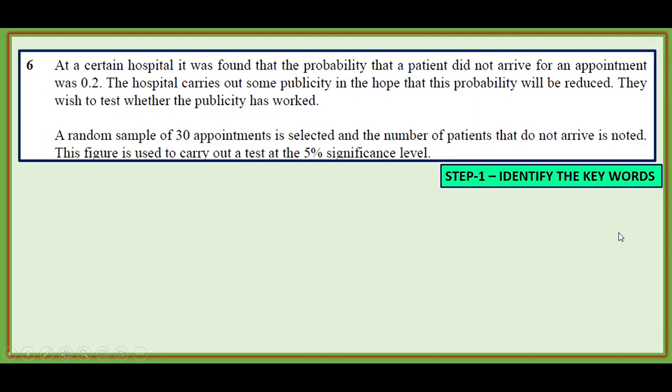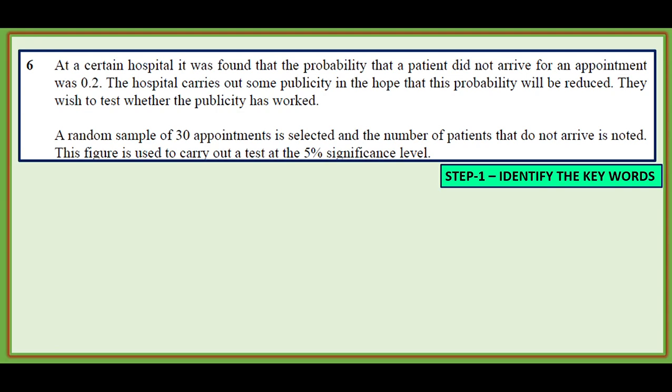This is the question. At a certain hospital, it was found that the probability that a patient did not arrive for an appointment was 0.2. The hospital carries out some publicity in the hope that this probability will be reduced. They wish to test whether the publicity has worked.